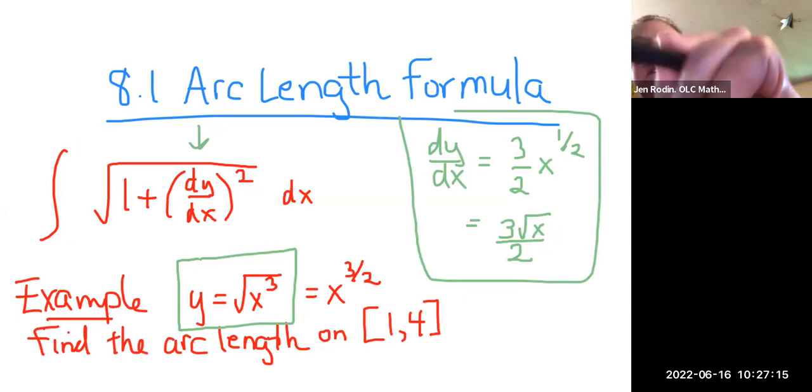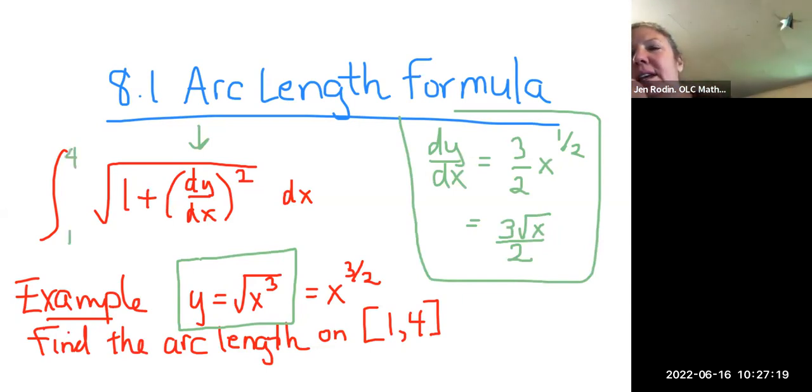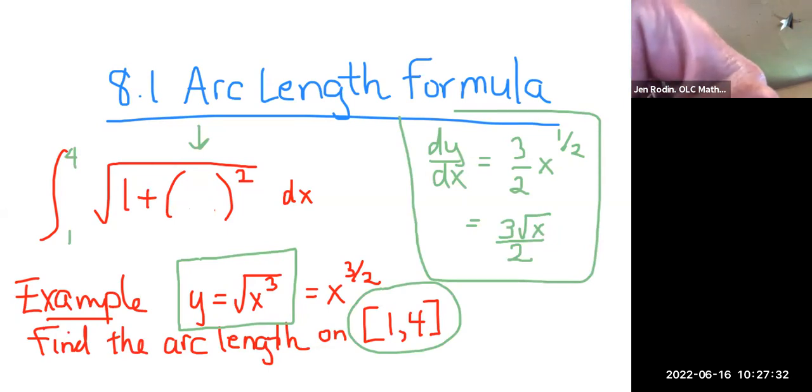Now I could put the endpoints of the interval here. That came from here. And let's substitute in the derivative right there: 3 root x over 2, quantity squared, dx.